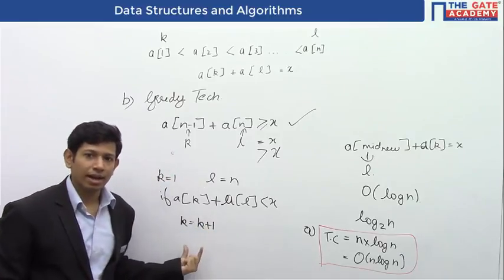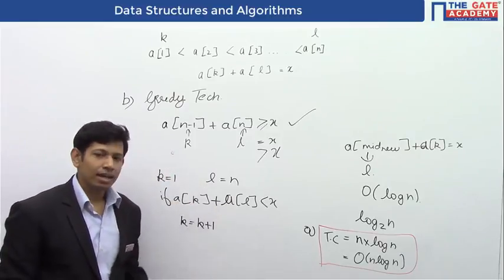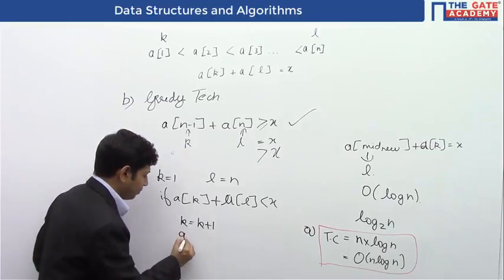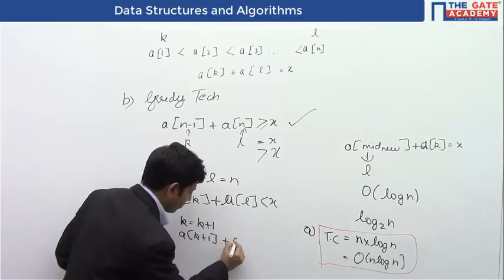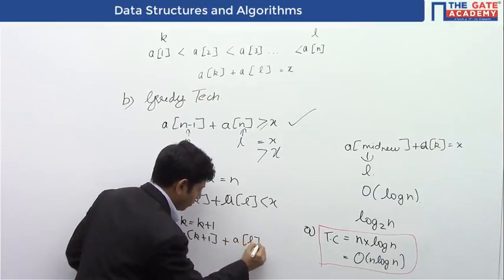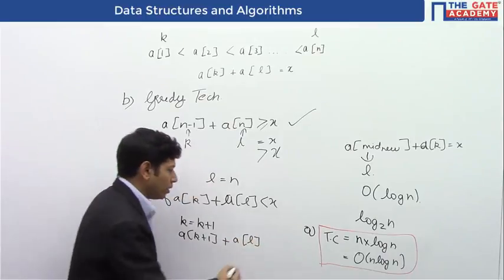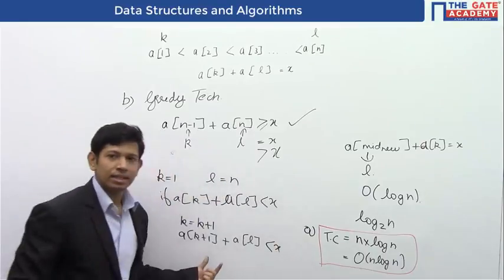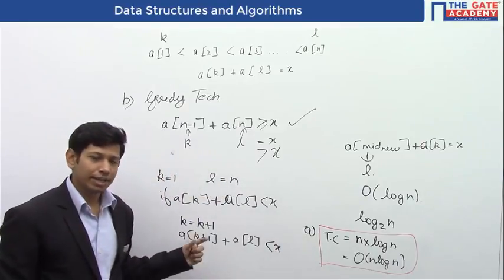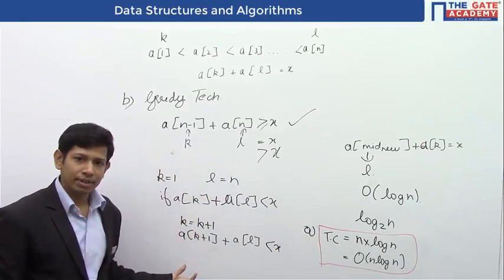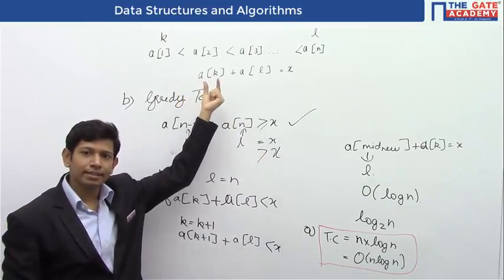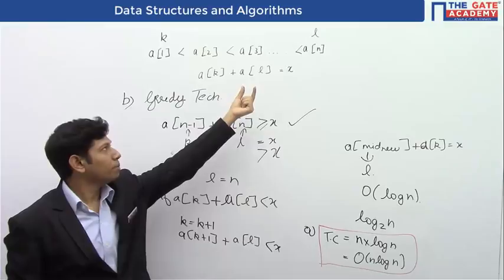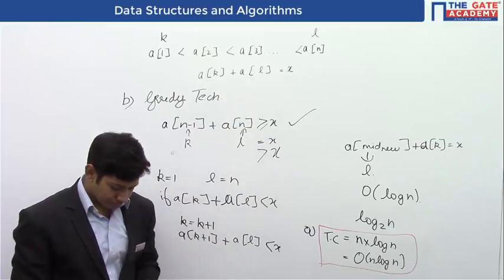So here now we have a of k plus 1 and a of l. Now if this is again less than x, then we will repeat like this. We will keep on increasing k by 1 and keep on adding a number greater than the smaller number and so on, keeping l constant.